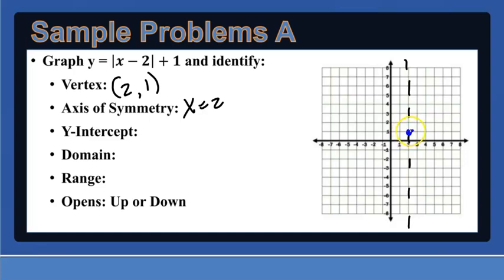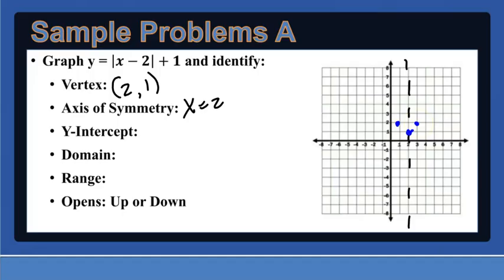So that'd be here. And then I choose points on both sides. So if I choose 1, 1 minus 2 is -1. The absolute value of -1 is 1. 1 plus 1 is 2. So I have a point at (1, 2). That means I'm going to have a point at (3, 2).